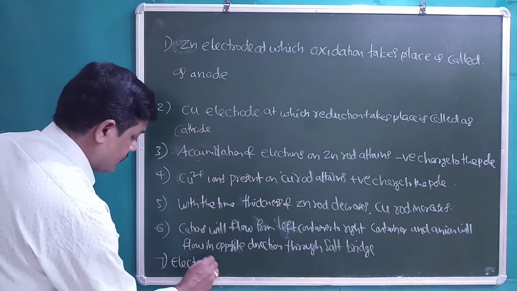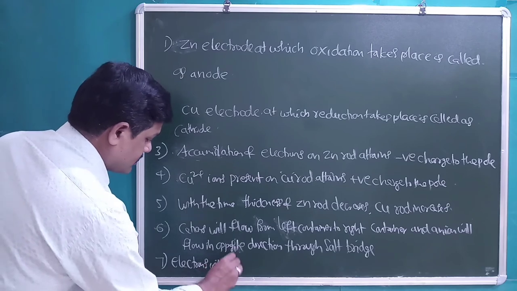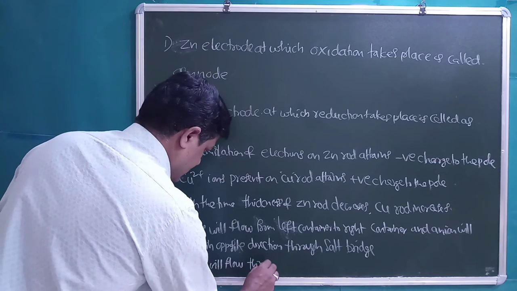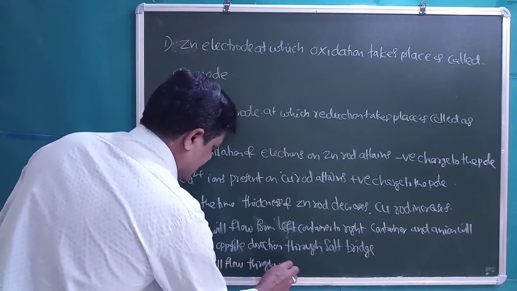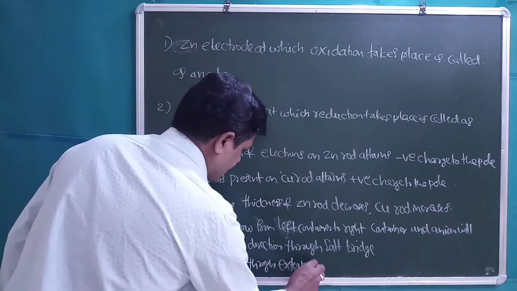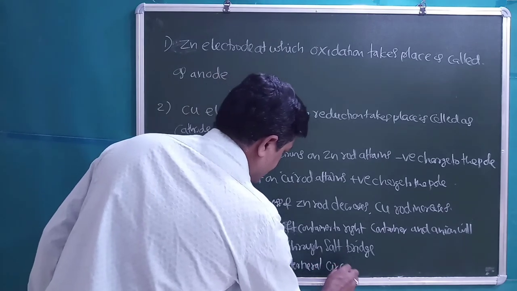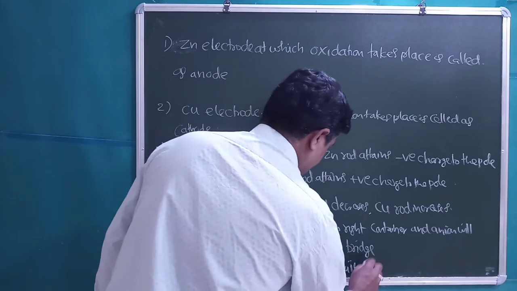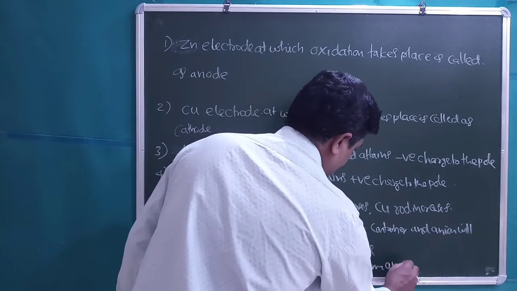Electrons will flow through the external circuit from anode to cathode.